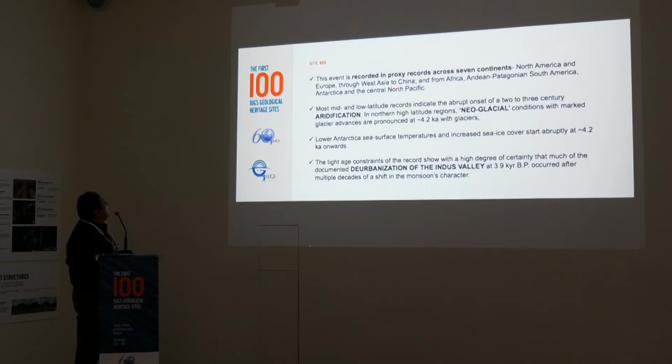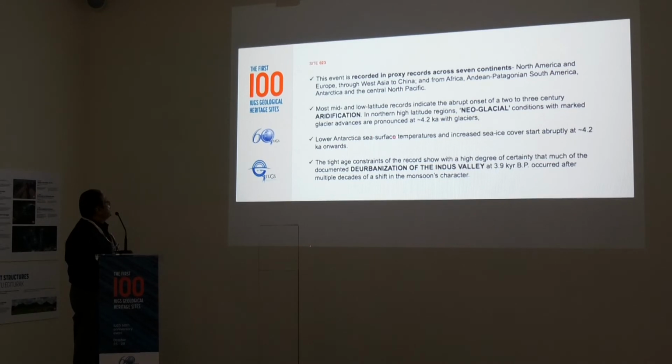This event is recorded in proxy records across 7 continents, and most mid and low latitude records indicate the abrupt onset of 2 to 3 century aridification. In the northern high latitude regions, neoglacial conditions were marked, and glacier advances are pronounced.